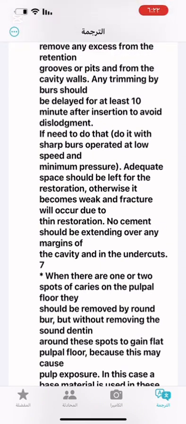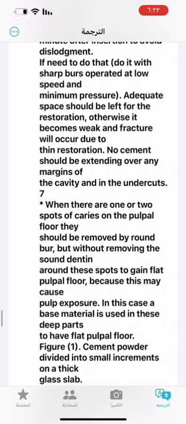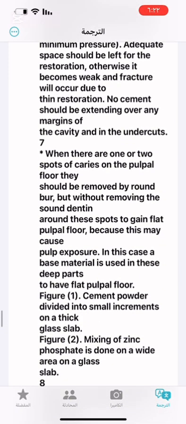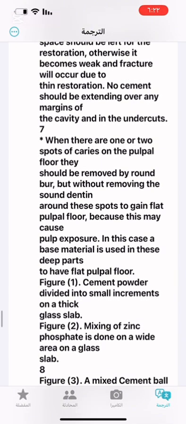C. Then the cement is shaped with an appropriate instrument, either ash 49 on the pulpal floor of the cavity, or ash 6 to adapt the cement on the axial wall in a Class 2 cavity.